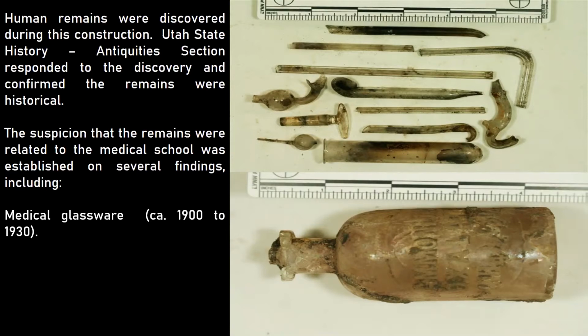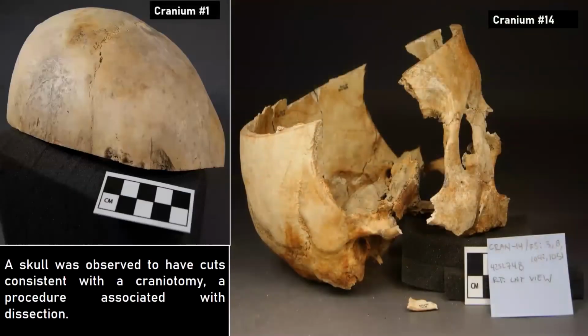Secondly, Dr. Kopp's on-site examination of the remains revealed some interesting evidence suggestive of the medical connection via a skull. And this skull consisted of a calvaria, also known as a skull cap, that had been removed in a manner consistent with a craniotomy, a procedure associated with human dissection.